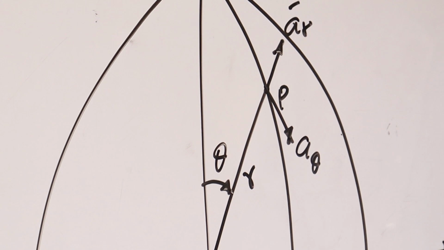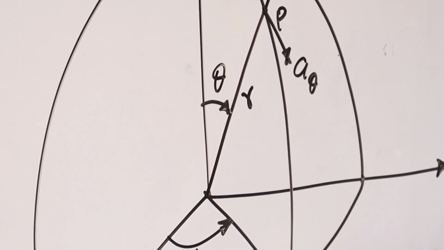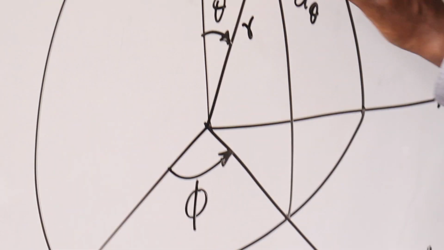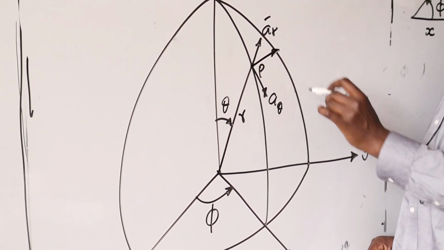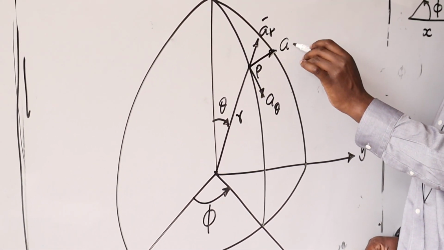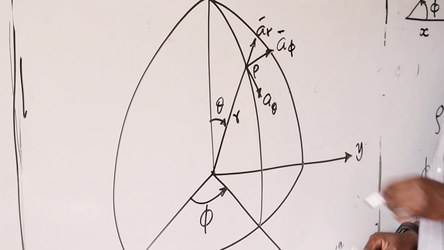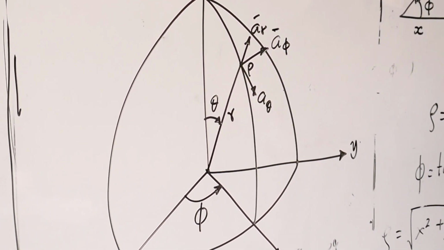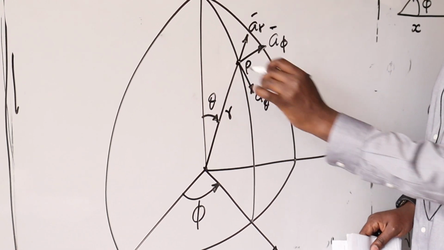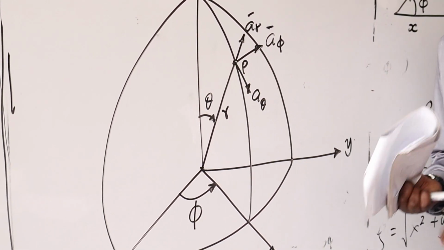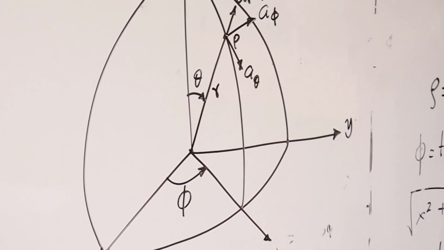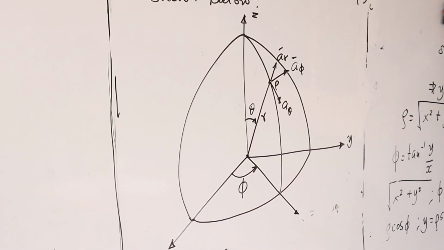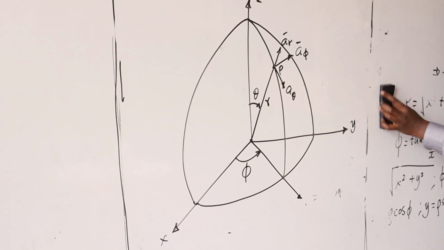And the one that is tangential to the same curve in that particular direction, we call that a_phi. So that is what we have as our point P. Similarly, the same way that we've looked at the other system, also in the spherical system we have the rules that we are supposed to follow.